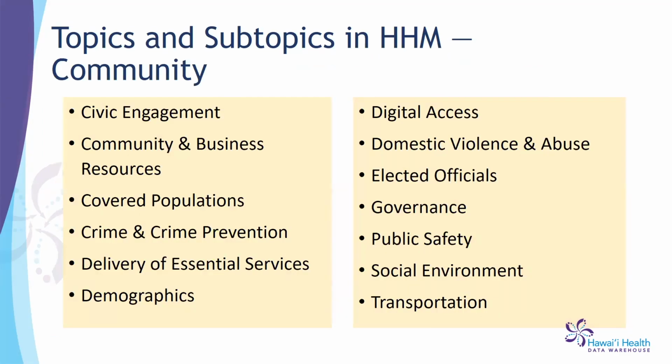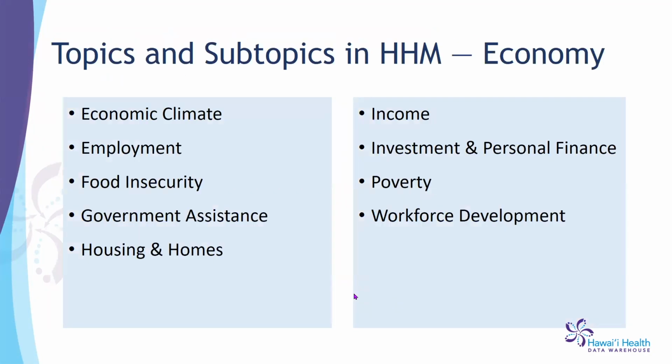Next, we have the community topic, and these tend to cover issues about where people live. So civic engagement, community and business resources, elected officials, governance, public safety, and so forth. The economy topics can be seen here, and they include items related to income, economic climate, employment, cost of living, so housing, poverty, and so forth, workforce development.